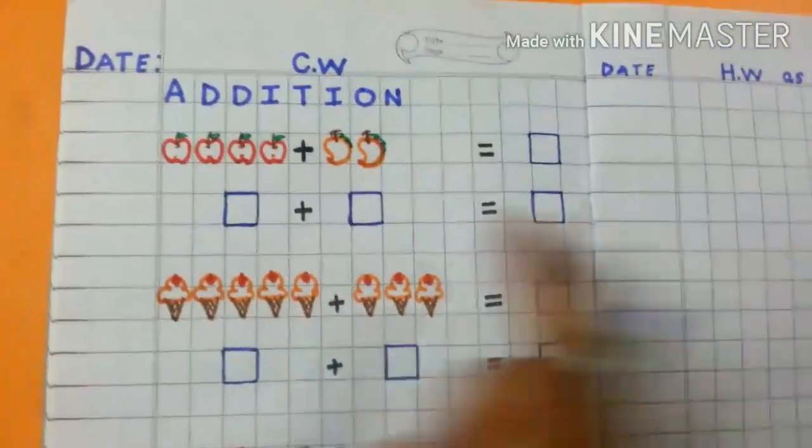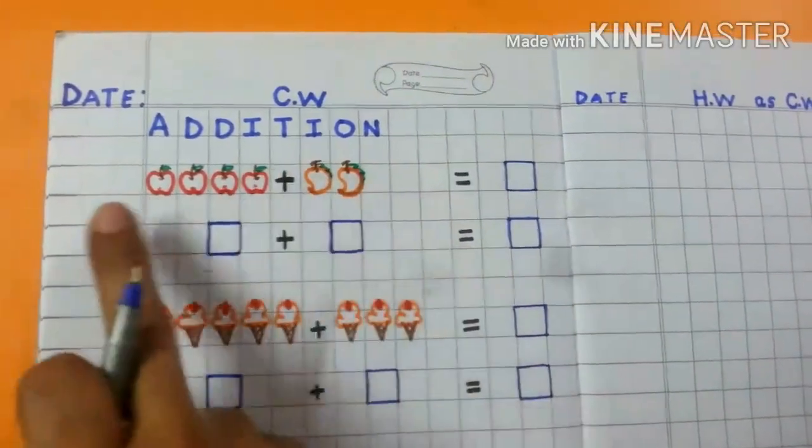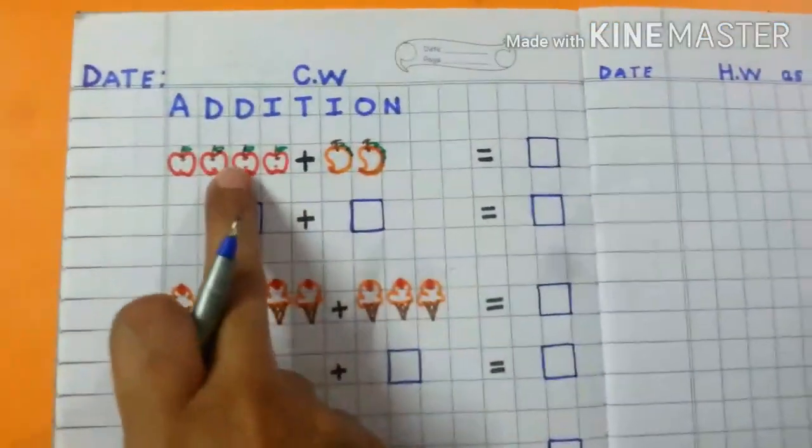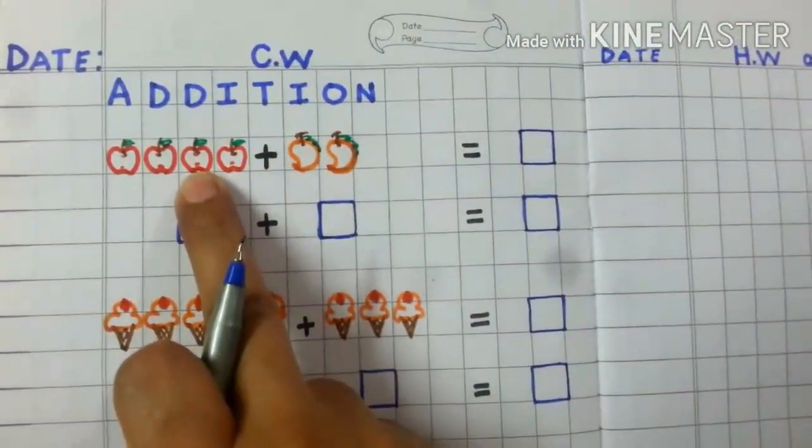Children, let's count how many fruits we have here. Here we have apple and mango. Look here, children.